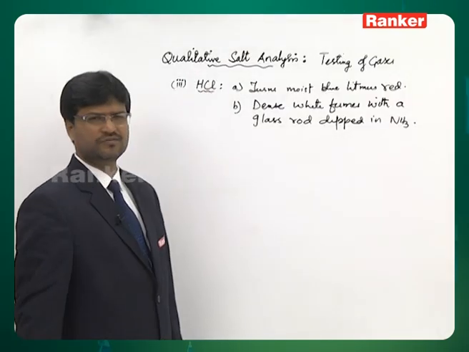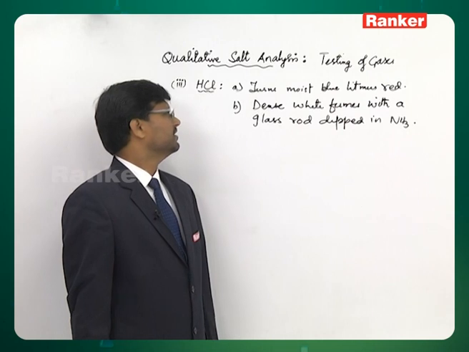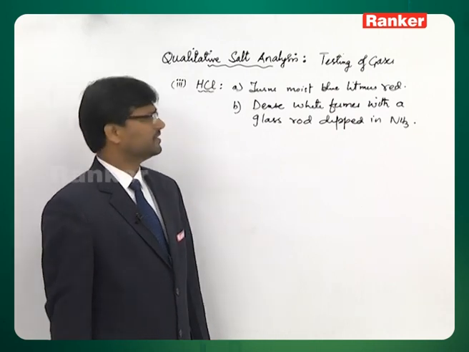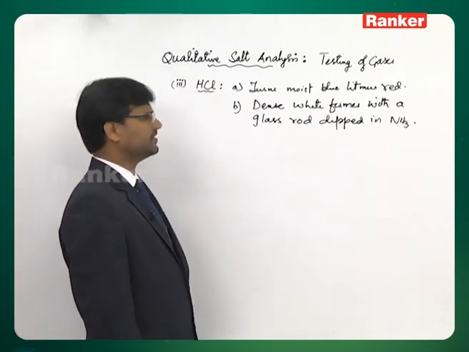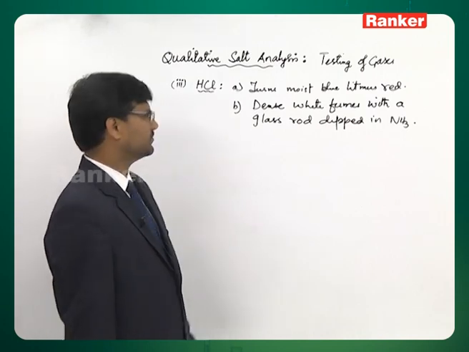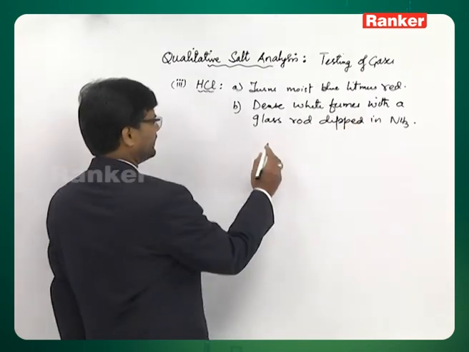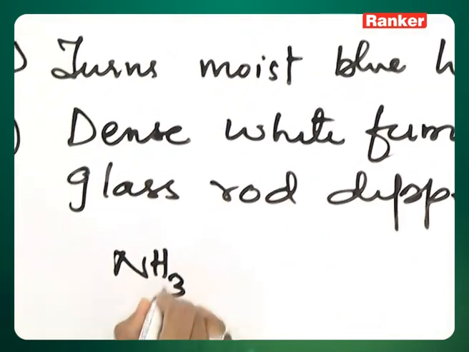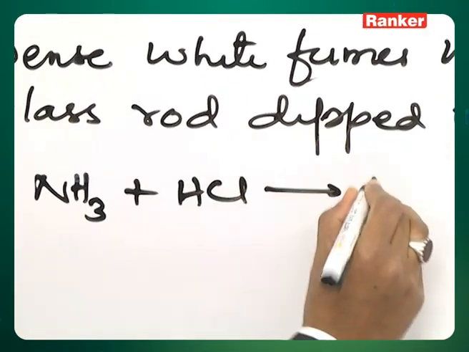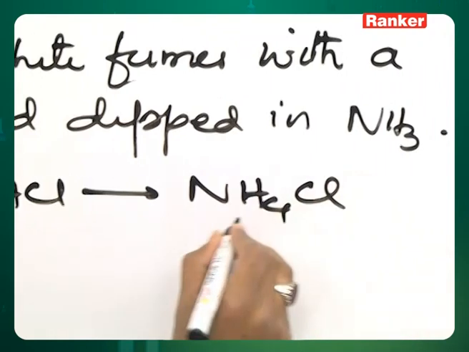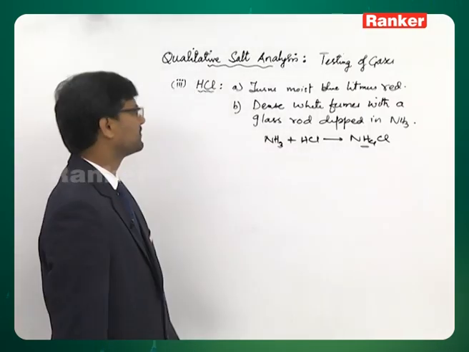These are 2 important tests for HCl. It turns moist blue litmus red, and it gives dense white fumes with glass rod dipped in ammonia. This is again due to formation of NH4Cl. This is the reaction involved: NH3 plus HCl gives NH4Cl. This appears as dense white fumes.